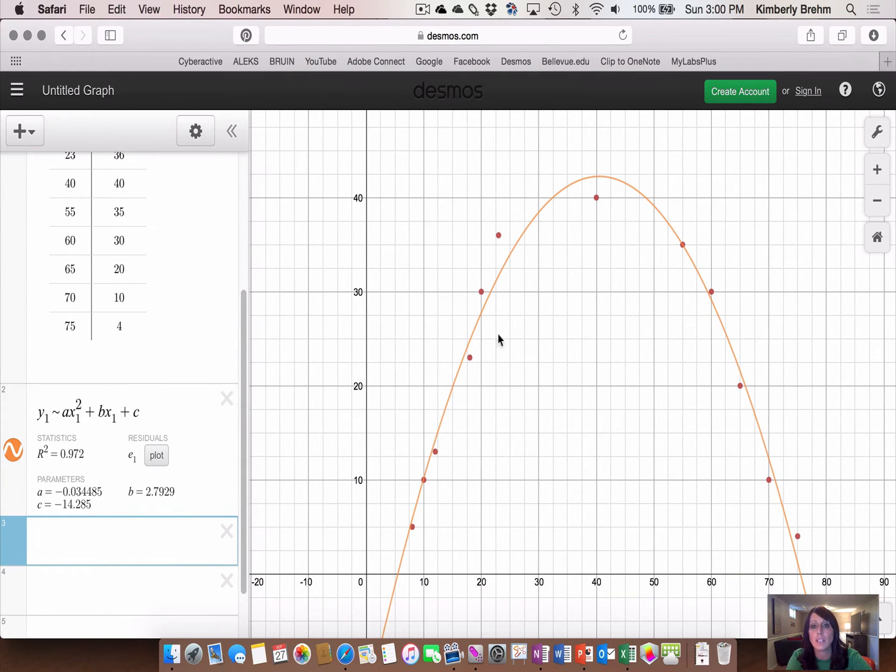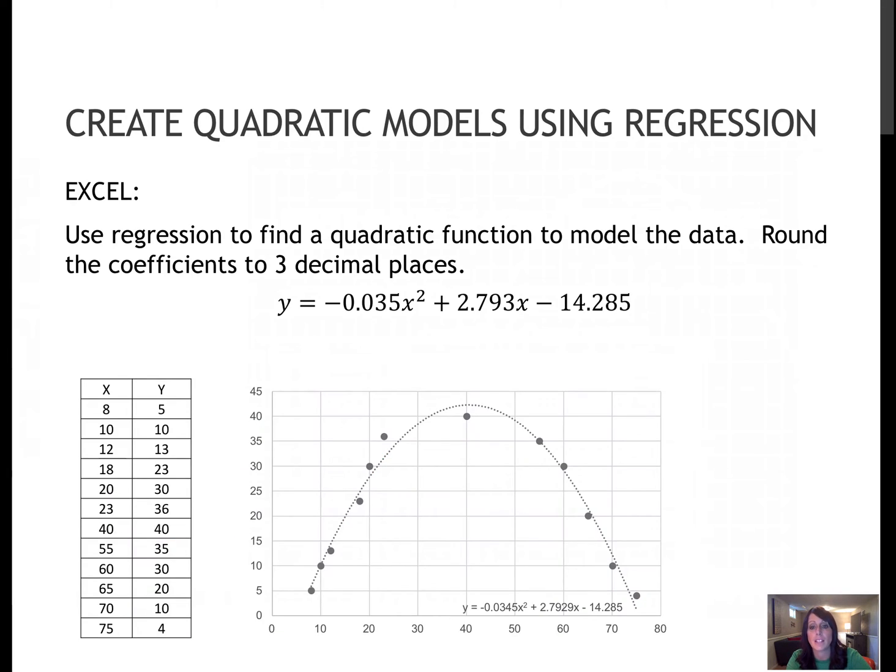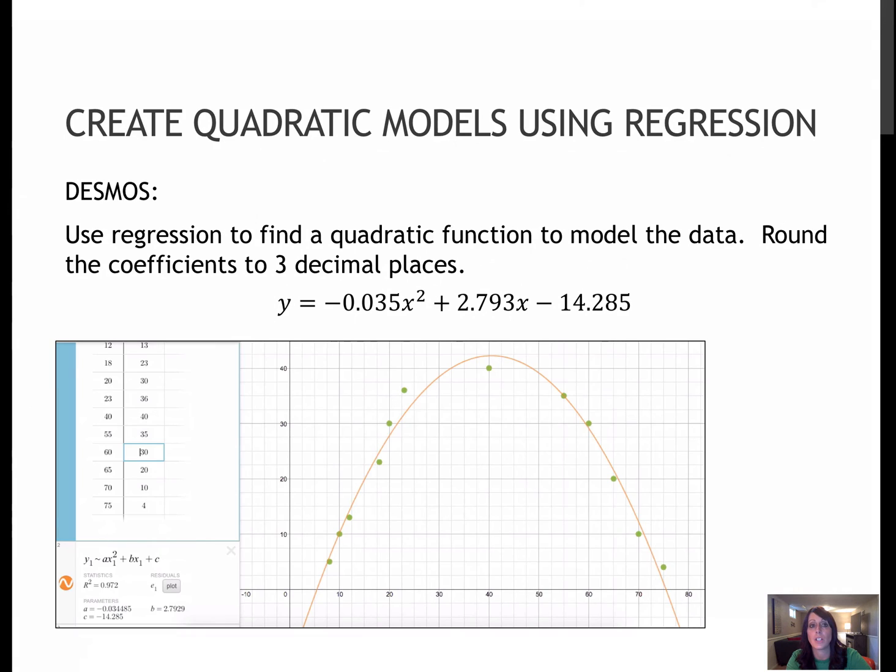Now notice it's drawn in a quadratic model, and the a value is negative 0.034485, the b value is 2.7929, and the c value is negative 14.285. If you'll remember, that function is exactly the same as the function that we had within Excel. Same function, Desmos and Excel, which means they're doing the same thing, and doing it correctly.